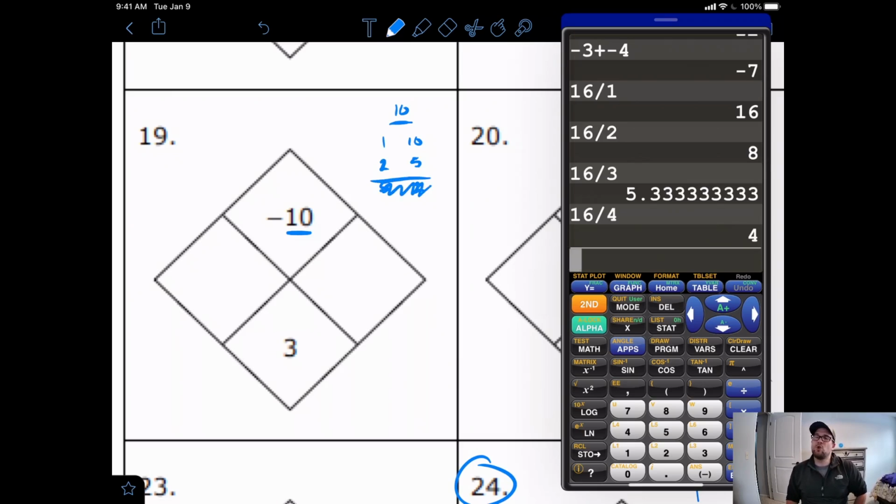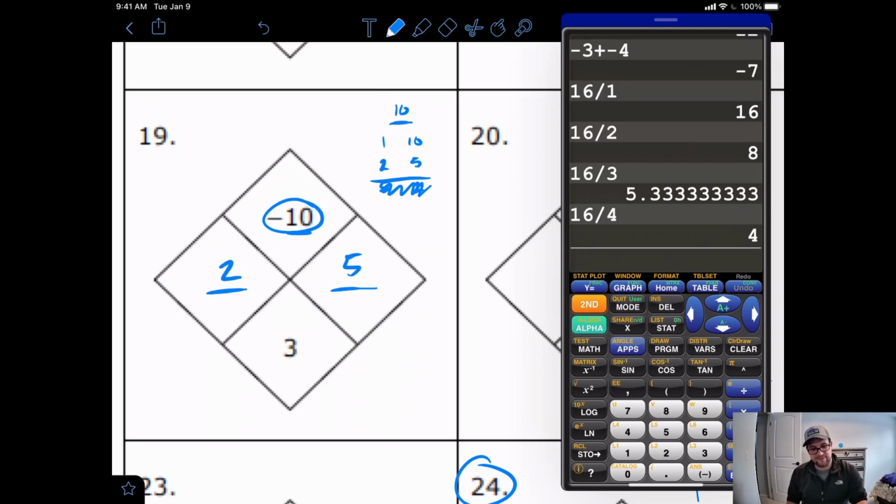Now, since the top number is negative, that means whatever the side numbers were, they have opposite signs. One of them was a positive and the other one was a negative, right? That's the only way two numbers will ever multiply to be a negative number, is if one is positive and one is negative. So I'm just going to try 2 and 5 and see if I can play around, because I know 5 minus 2 would give us 3.